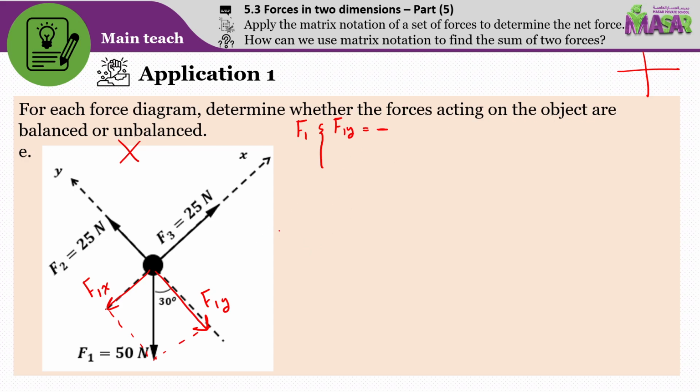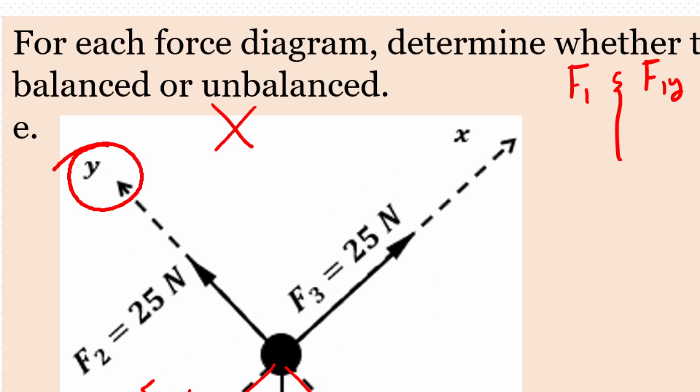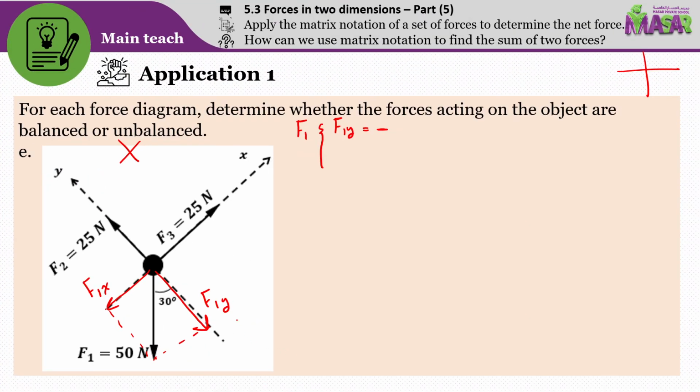Now let me complete. Since the positive sense is upward, then the negative sense will be downward, which is why I need to add the minus sign here. So F1 cosine the angle, equal to minus 50 multiplied by cosine 30, and the answer is minus 25 radical 3 Newton. This is the vertical component of the force F1.